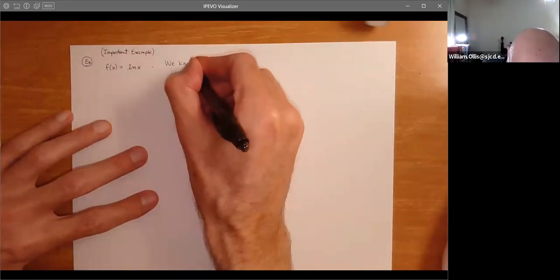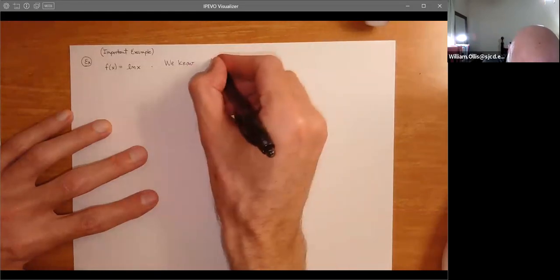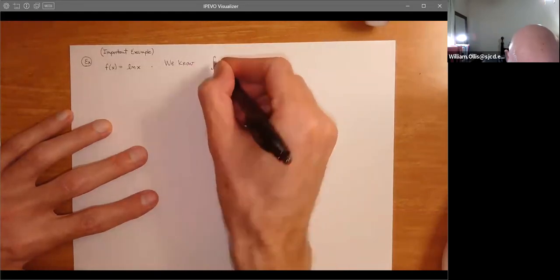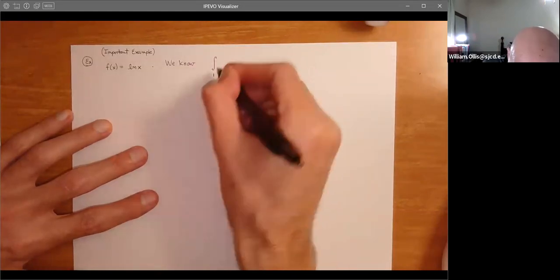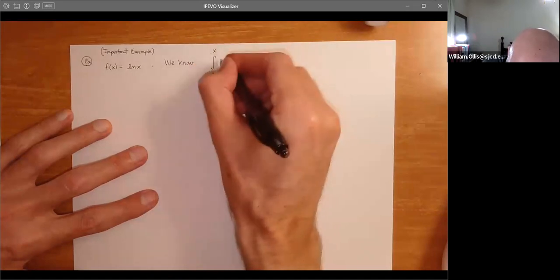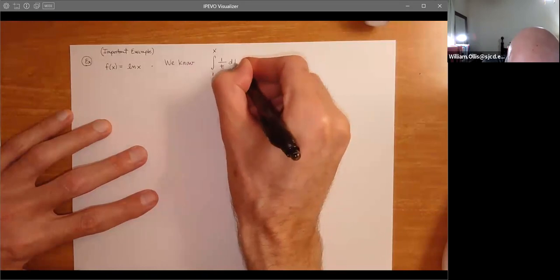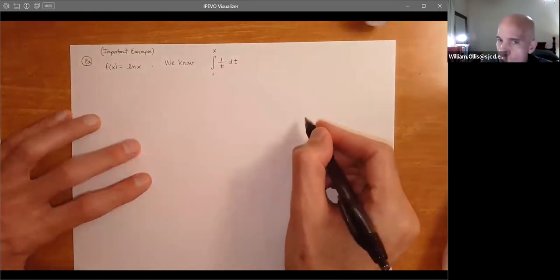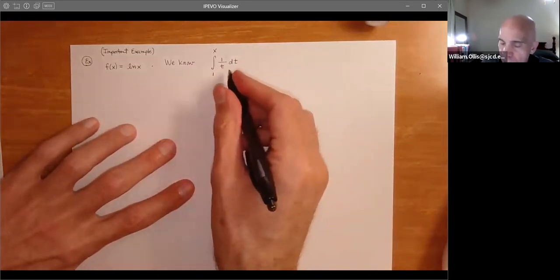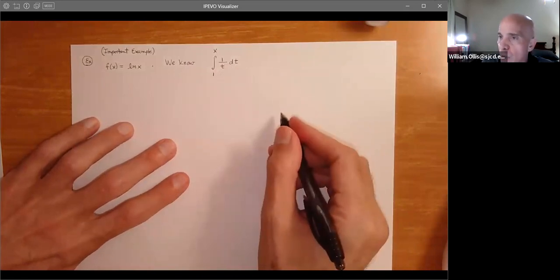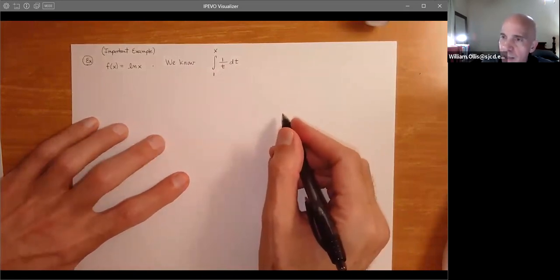We know, in this particular case, by the definition, that 1 to x of 1... This is why I gave you the indefinite integral notation last class, because I don't like the way the notation is abused in most textbooks, because it's not clear.